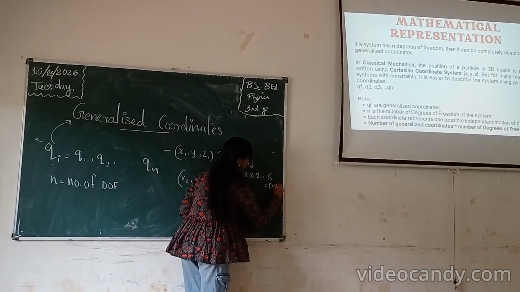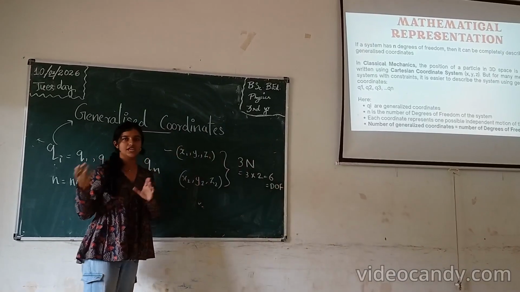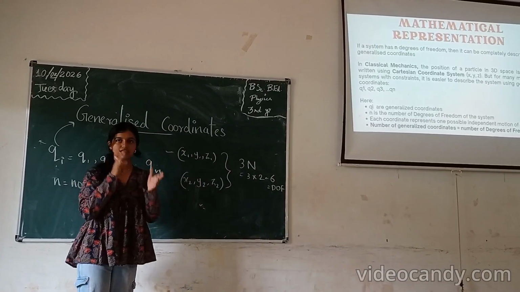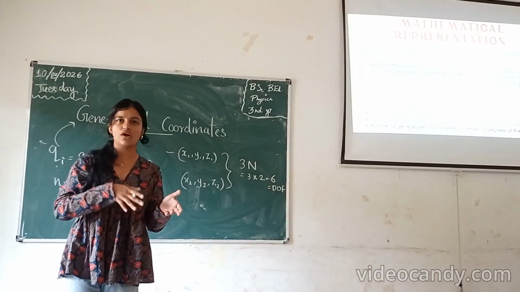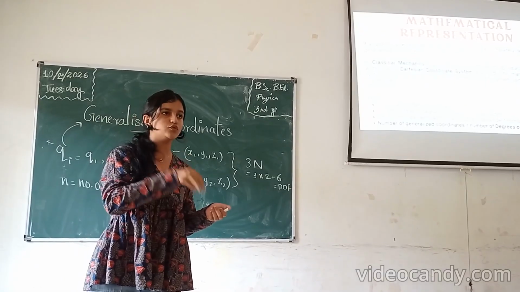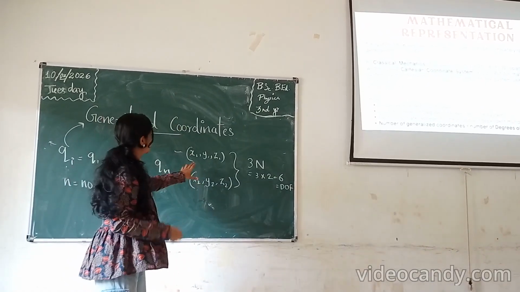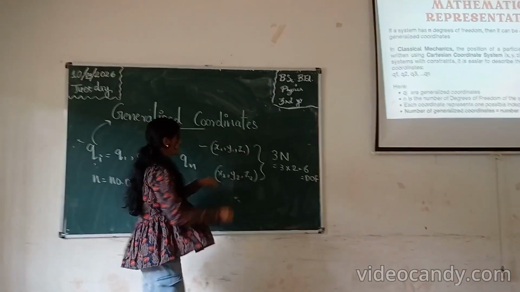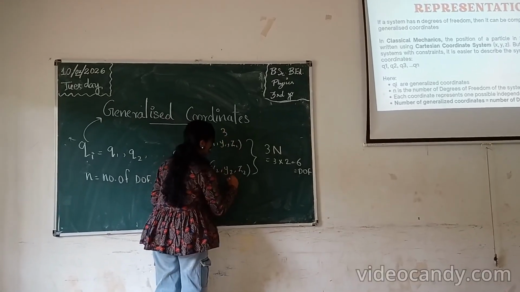And how can we find the generalized coordinates? As the definition says, generalized coordinates are the independent parameters or variables used to find the position or configuration. Here there are 1, 2, 3: 3 from here and also 3 from here.